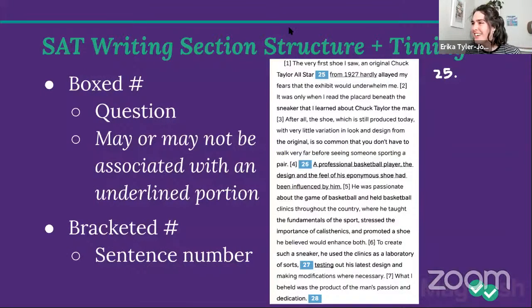All right, we're going to go with green and we're going to go with a smaller line width. So you should see 25 next to it, and then your options A, B, C, D. So that question 25 is going to correspond to this underlined portion. So you see how there's an underline right next to the 25. That is associated with question 25. The answer choices will be replacements for that underlined portion.